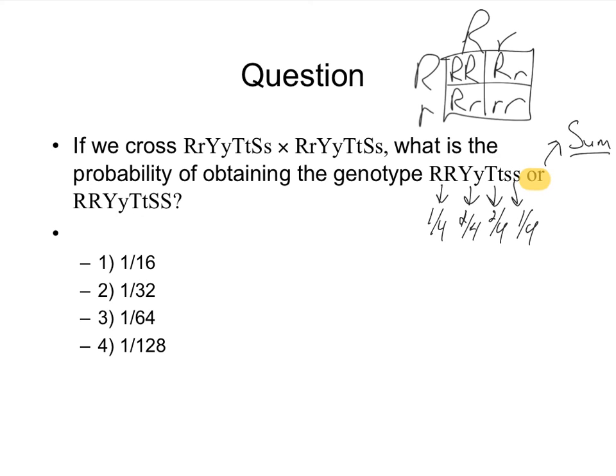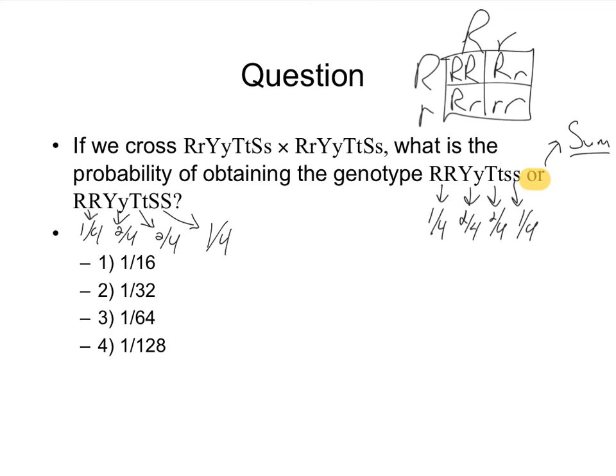As it turns out, this ratio ends up being the same. How's that possible? Well, the homozygote is always 1/4, whether it be recessive or dominant. It's only a 1/4 chance. So this is 1/4, this is 2/4, and this is, again, a 1/4 chance.